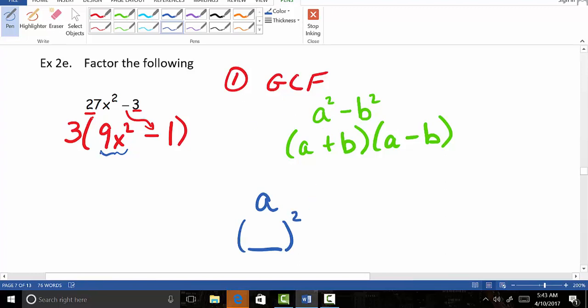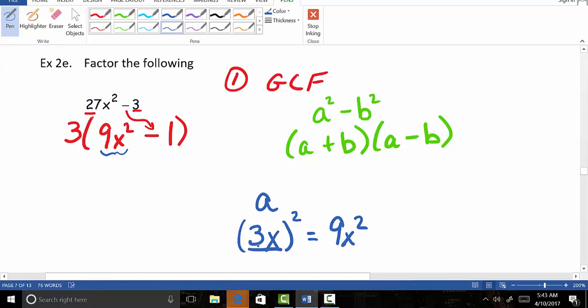So in other words, what squared gives us that 9x squared? Well, when we look at the number 9, we know that if we took 3 and squared it, we should get 9. Also, when we take the variable x and square it, we should get our x squared.